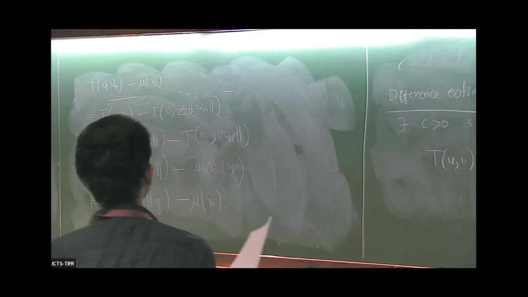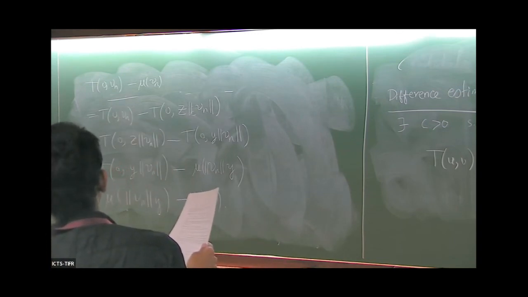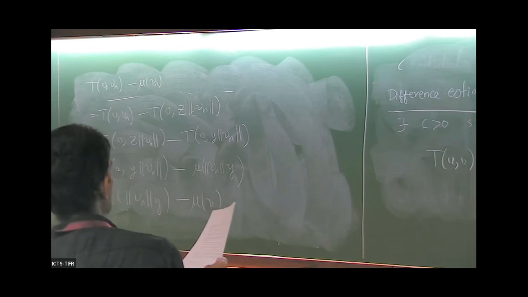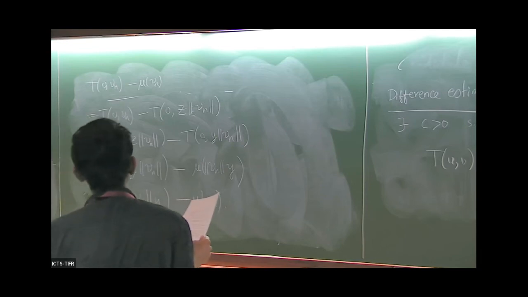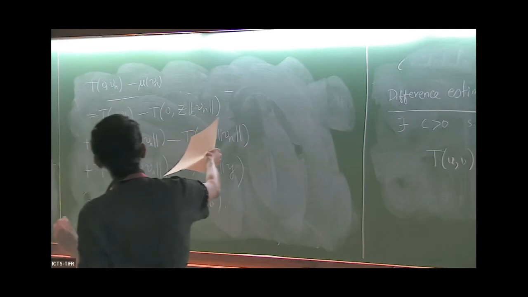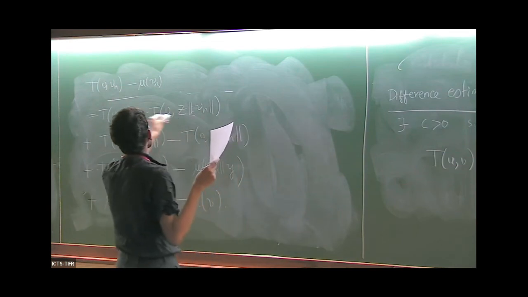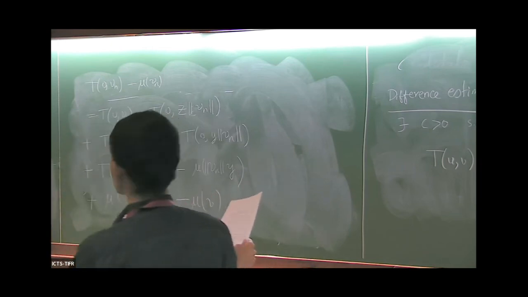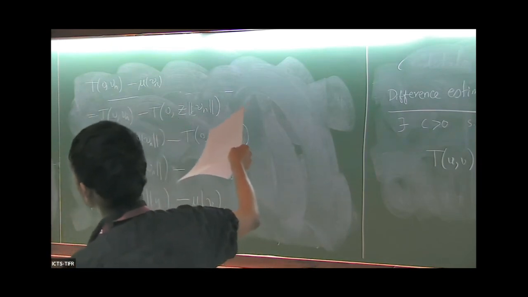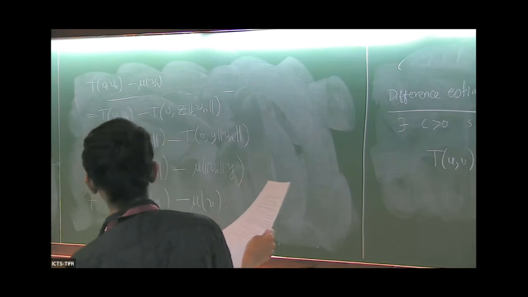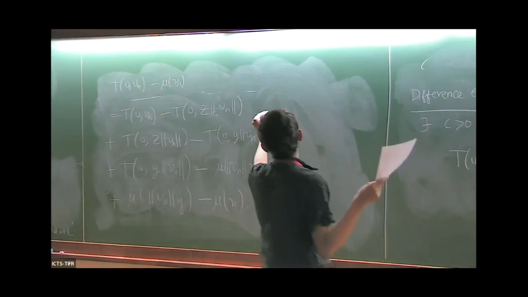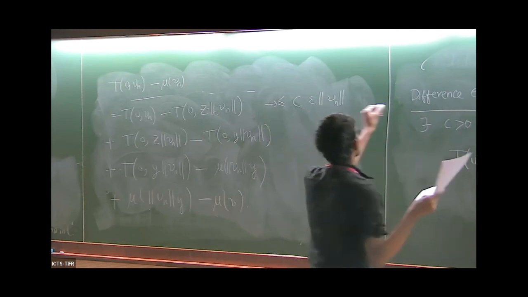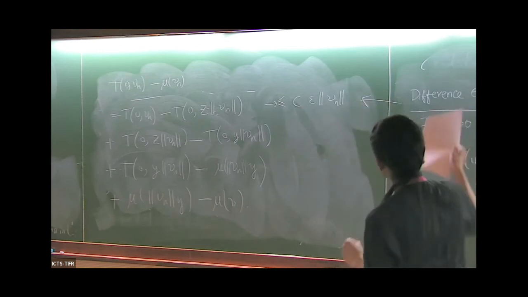And now, where the fact comes into play is the following. For this term, Vn and Z times norm of Vn, their difference is little o of norm of Vn. It's bounded by some epsilon times norm of Vn for n sufficiently large, by the difference estimate.